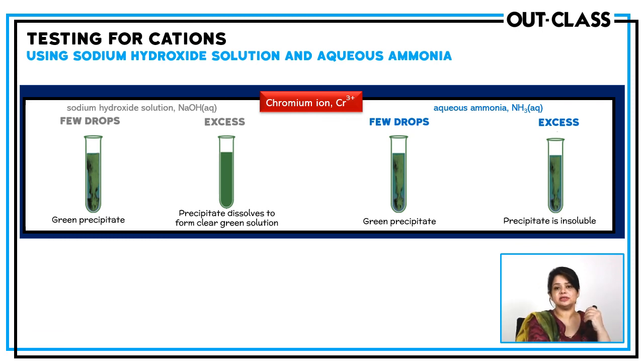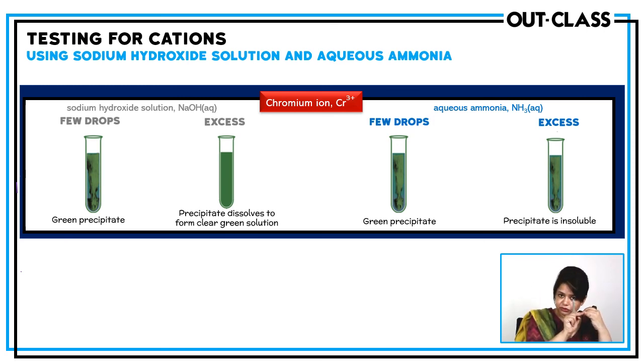The difference is when you add excess of sodium hydroxide, the chromium hydroxide precipitate dissolves to form a clear green solution, whereas iron 2 precipitate अगर आपको याद हो उसका green precipitate insoluble था excess of sodium hydroxide में. So this is the point of difference between chromium ion and iron 2 ion.